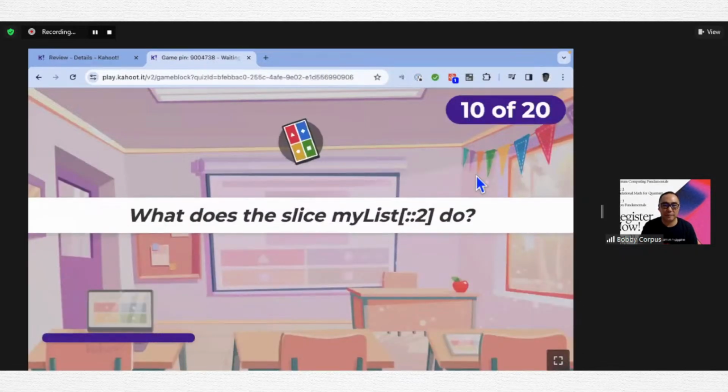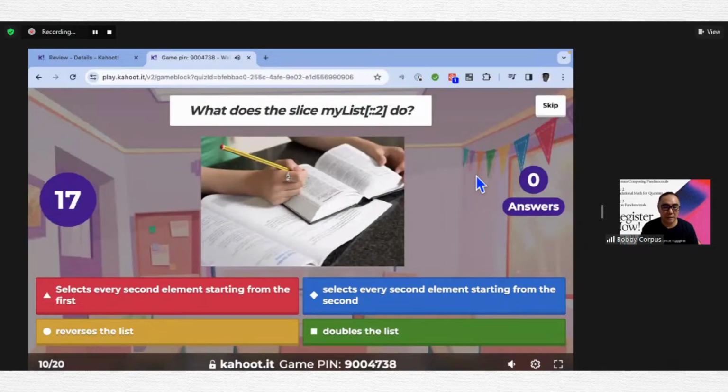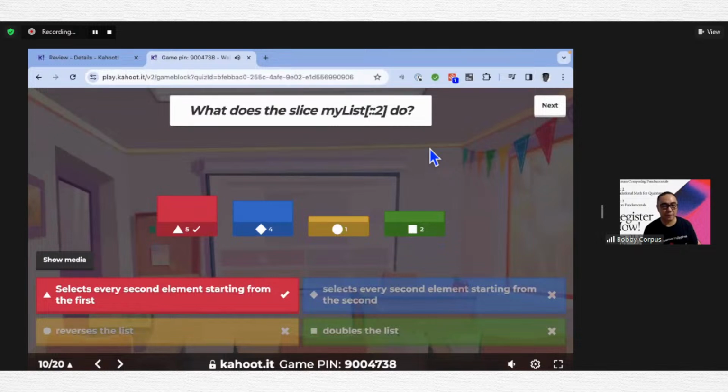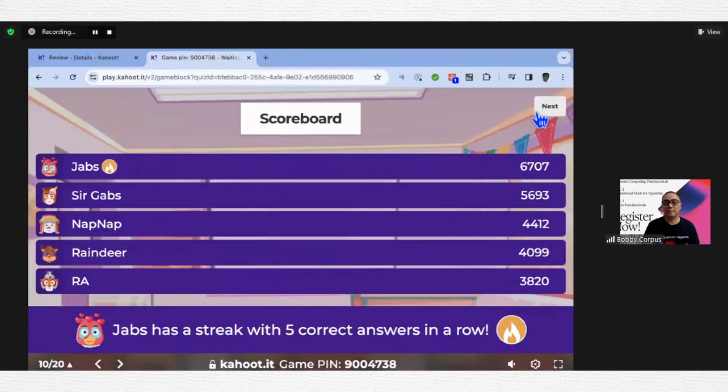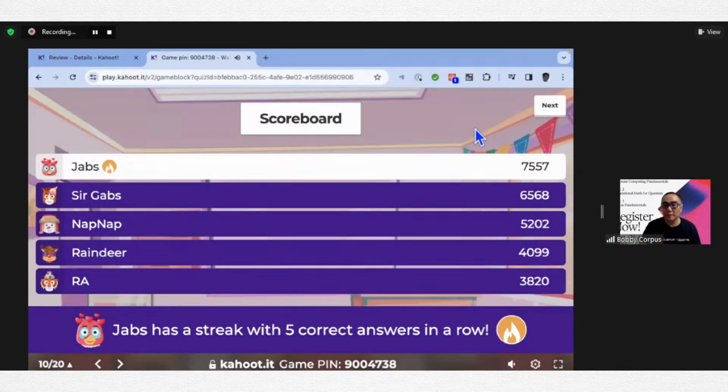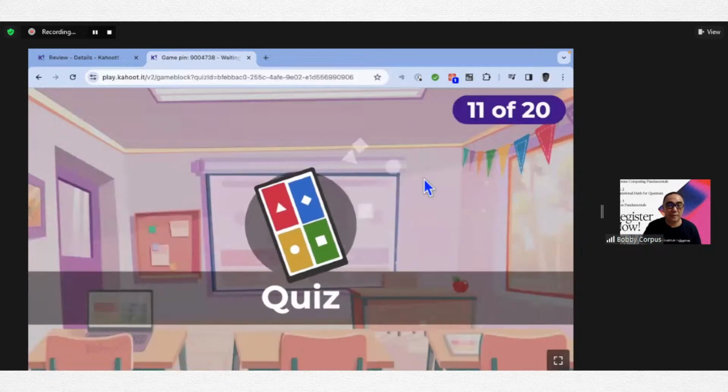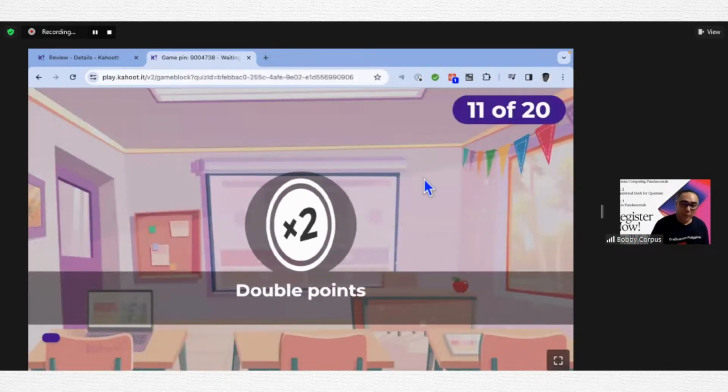Next. So what does this mean? My list, slice, my list, colon 2. What does that mean? Nice. Okay. Selects every second element starting from the first. Okay. Next. Double points.